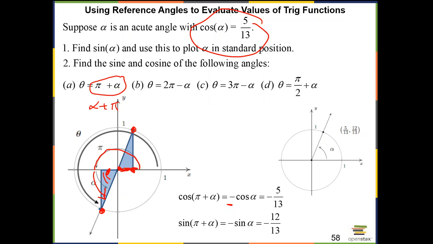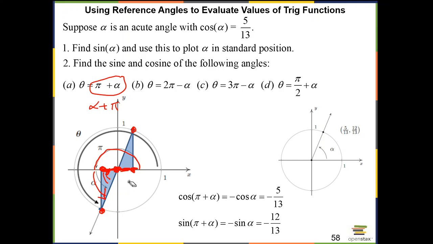That's cosine of alpha, and this is cosine of pi plus alpha. So cosine of pi plus alpha is negative cosine alpha. We are given cosine alpha, so it's negative 5 over 13.